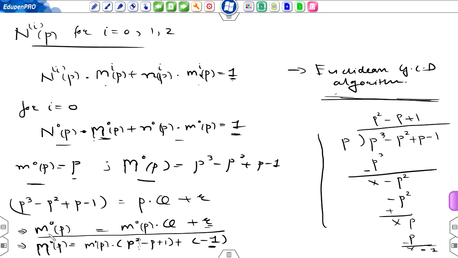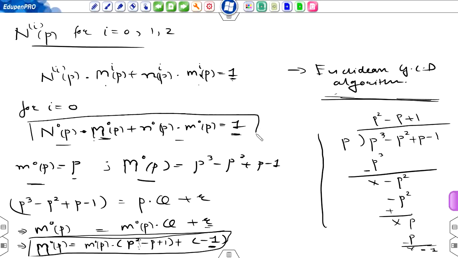Okay, now consider this equation and this equation. Okay, so you have one, small m0p, small m0p, capital M0p, capital M0p. So you can rearrange the equation, and by comparison you can evaluate capital N0p and small n0p.